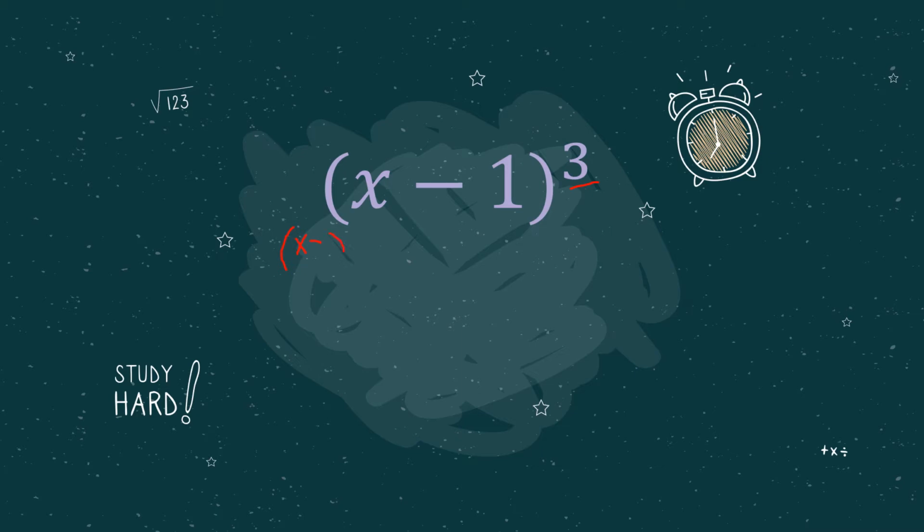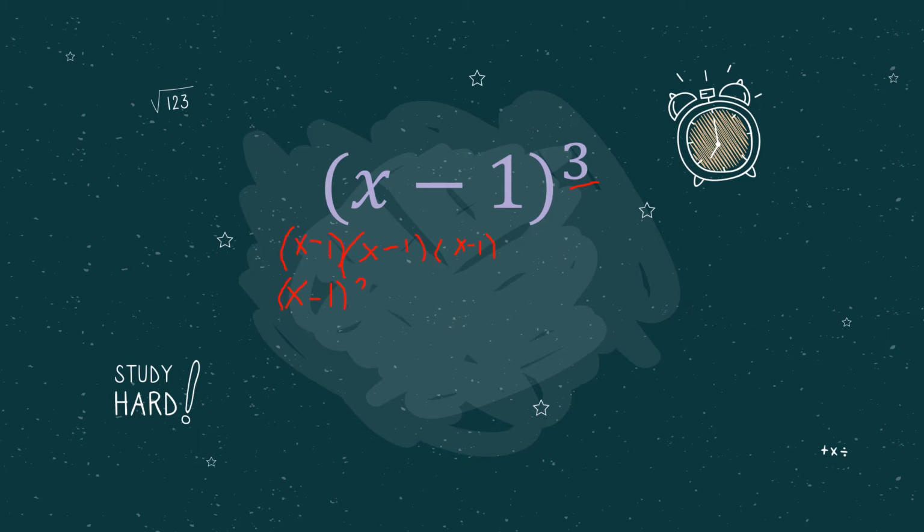That's why the quantity of x minus 1 cubed means x minus 1 times the quantity of x minus 1 times the quantity of x minus 1 again. Three times, because the exponent is 3. If it were 4, then 4 times. Earlier, it was a square, so only two times. So earlier, x minus 1 times x minus 1 is x minus 1 squared, because there are two of them.